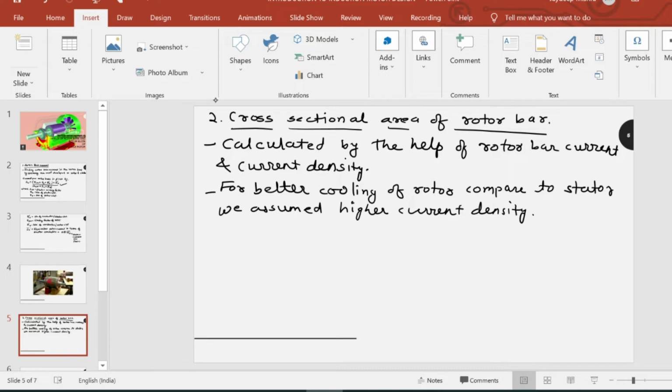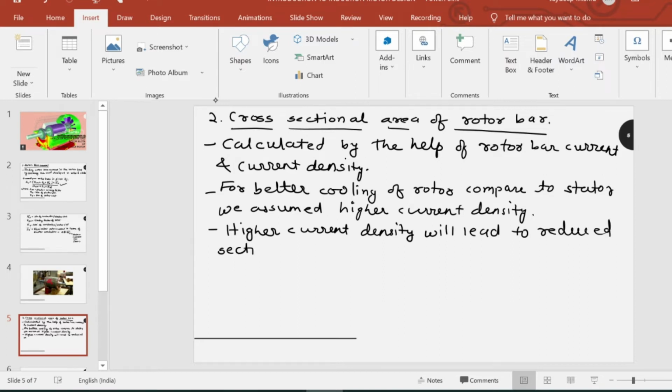If we assume a higher current density, it leads to a reduced sectional area. If the sectional area is reduced, the resistance is increased.